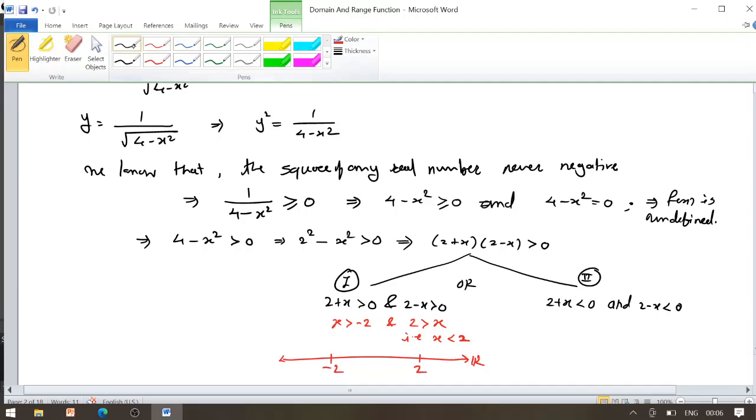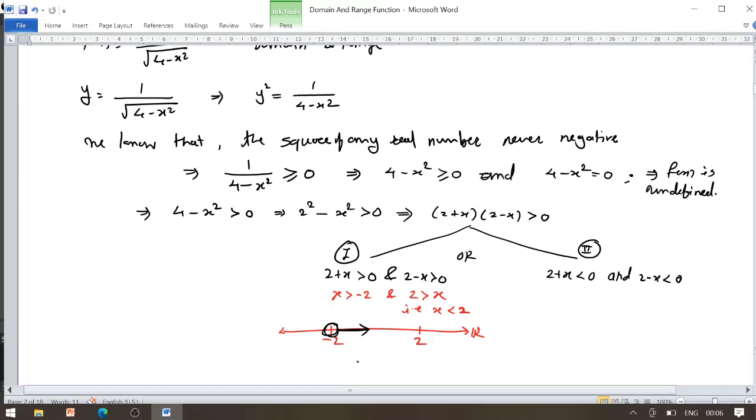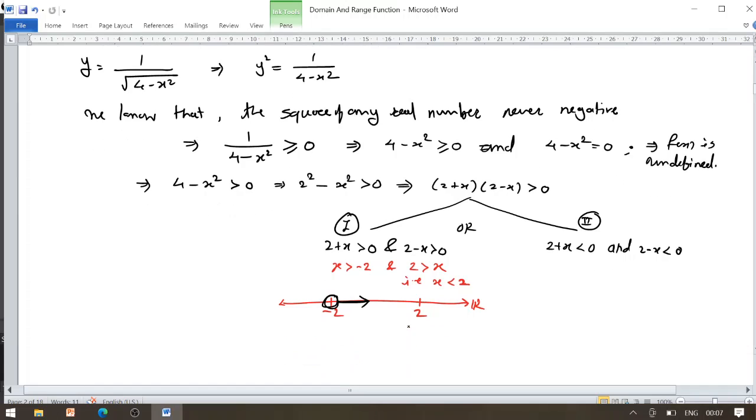As per the first inequality, x is strictly greater than minus 2. Minus 2 should not be included in the interval, and whatever value lies just right of minus 2 is always greater than minus 2. Now as per the second inequality within the first case, x is strictly less than 2. 2 is not included, and whatever value lies just left of 2 is less than 2.